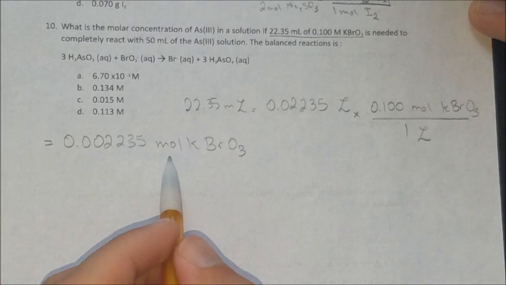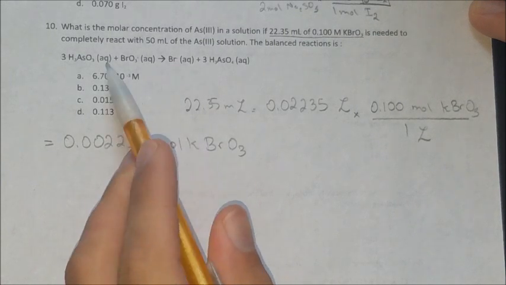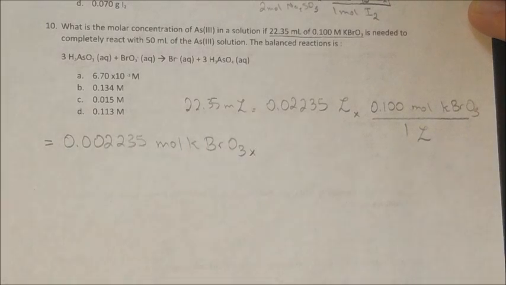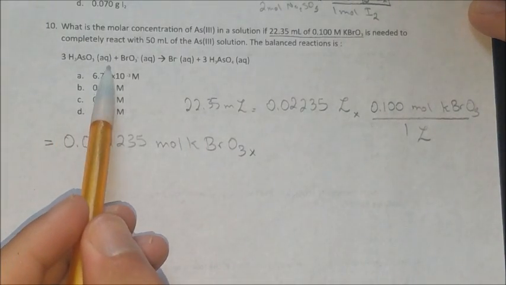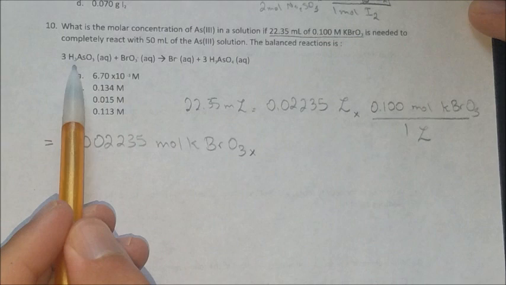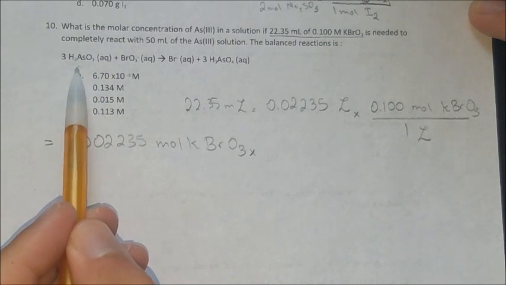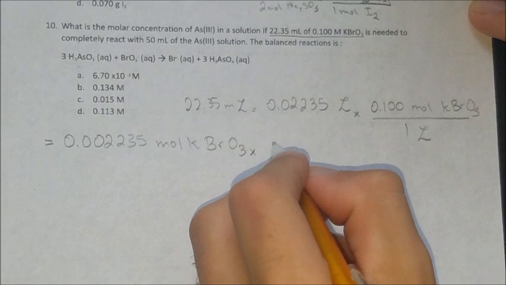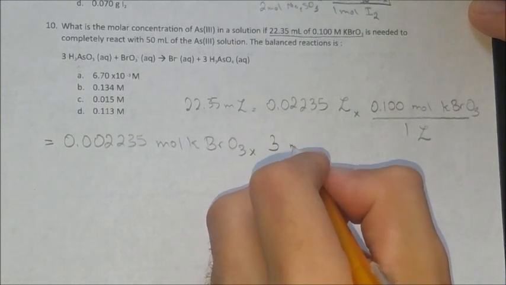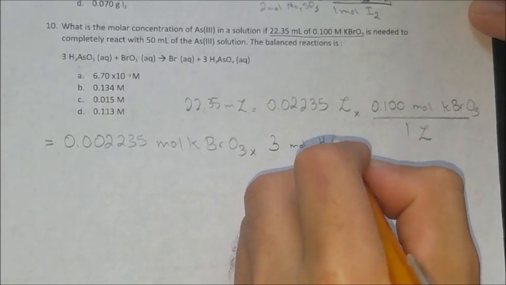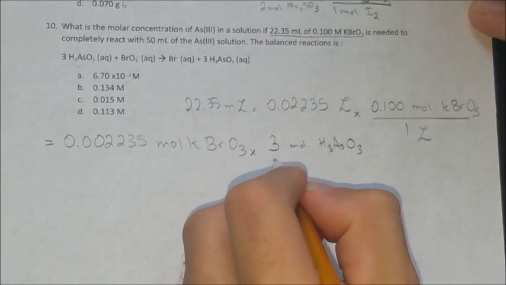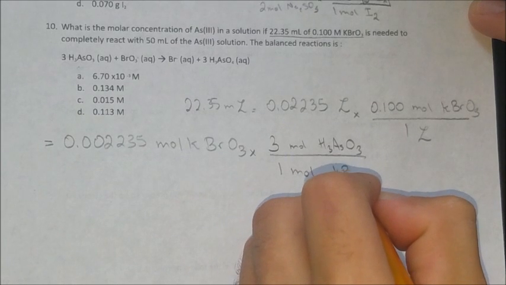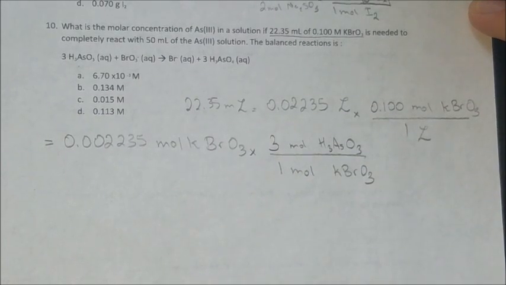Now that we have the number of moles of KBrO3, we can use this chemical equation to convert into moles of arsenic. We see that 1 mole of bromate reacts with 3 moles of this arsenic molecule. So 3 moles of H3AsO3 reacts with 1 mole of KBrO3.